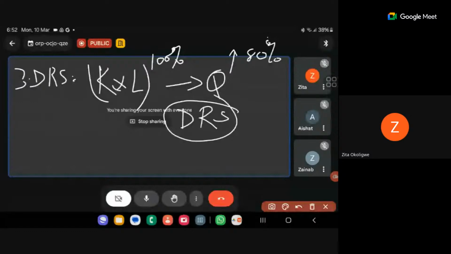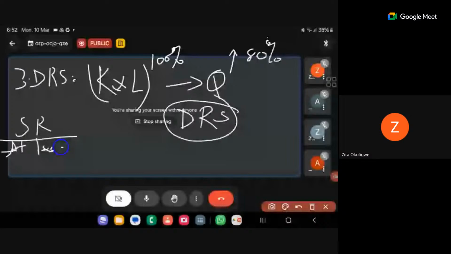Now, if you have to do a summary of short run production: in the short run, there is not enough time to increase all inputs.